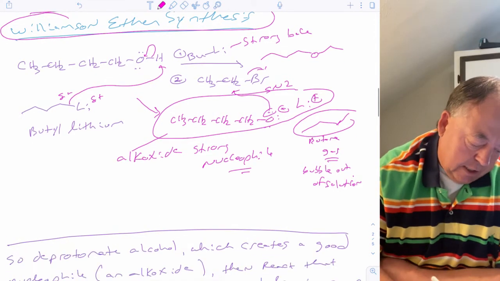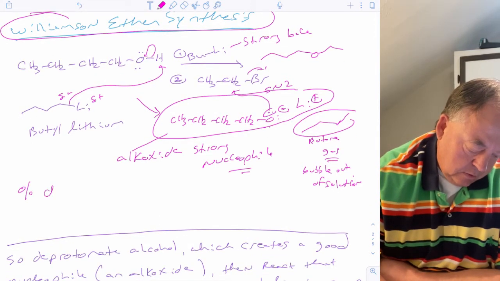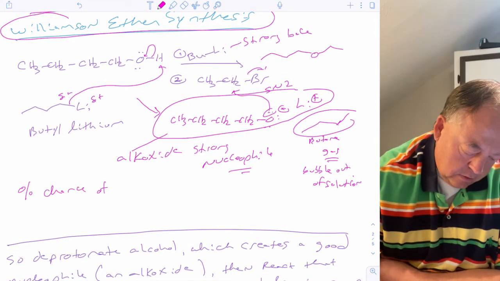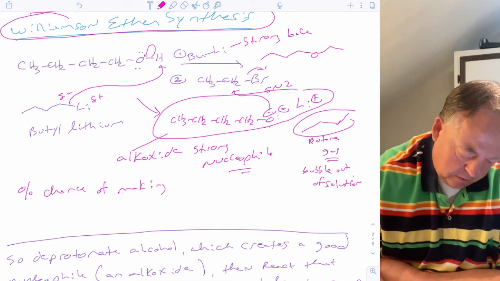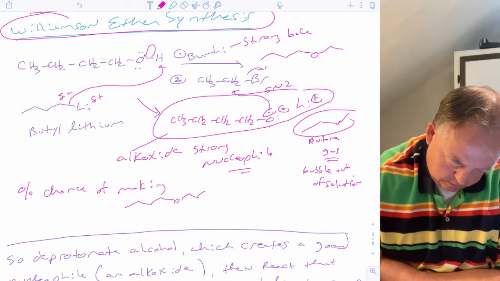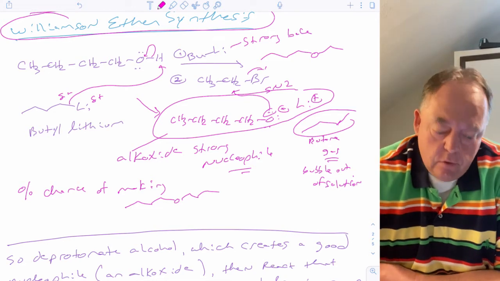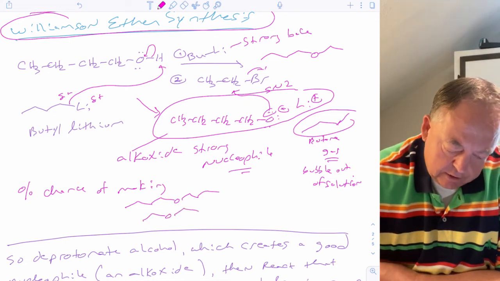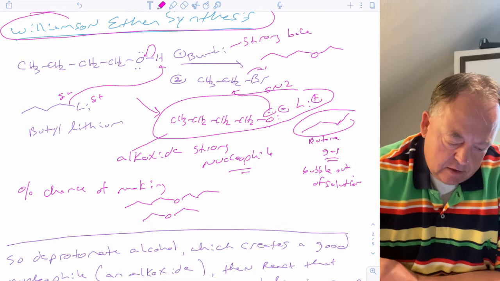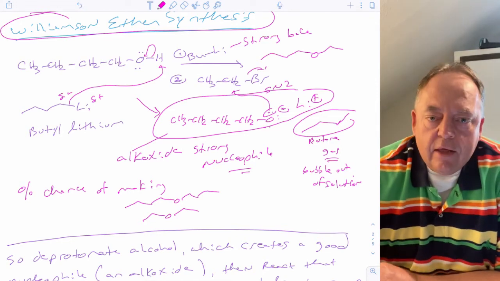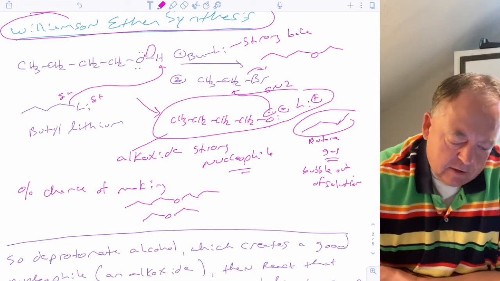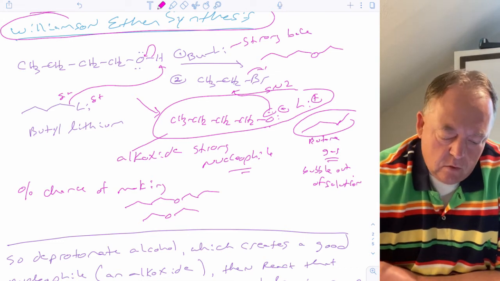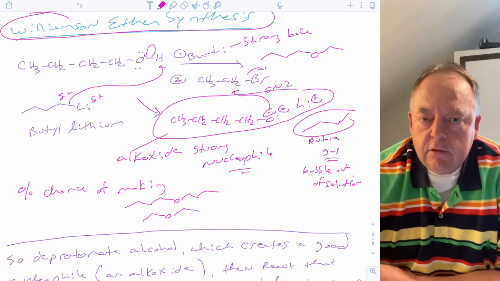And there is zero chance of making dibutyl ether, and there's zero chance of making diethyl ether. The only ether that you could make would be the butyl ethyl ether. So you would expect a very high yield of that with minimal side products that you have to purify from.